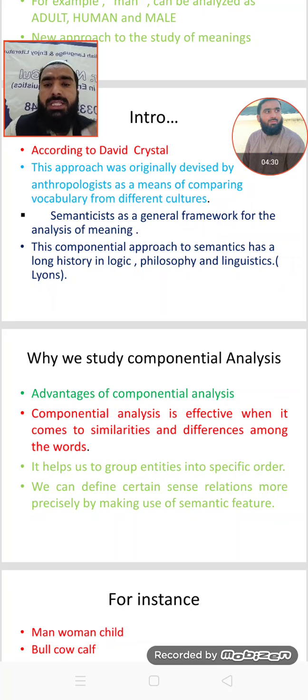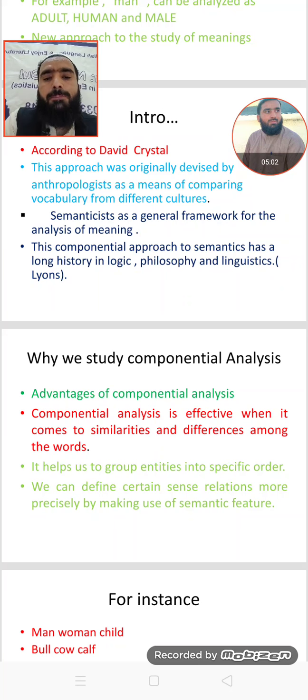Anthropologists made comparisons among vocabularies taken from different cultures. Later on, this concept was taken up by people who were interested in the study of meanings. So this is a general framework for the analysis of meaning.